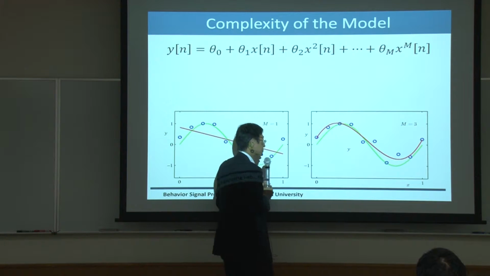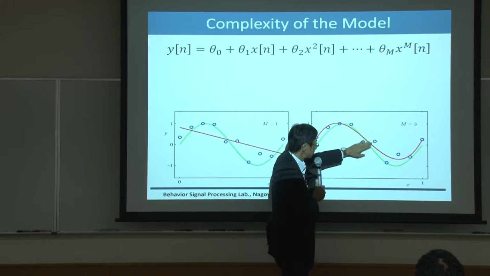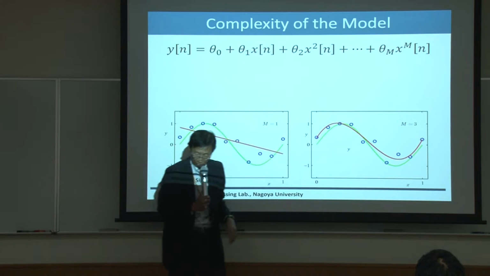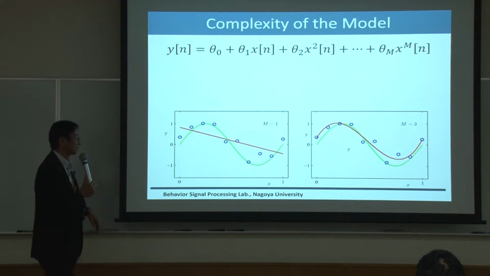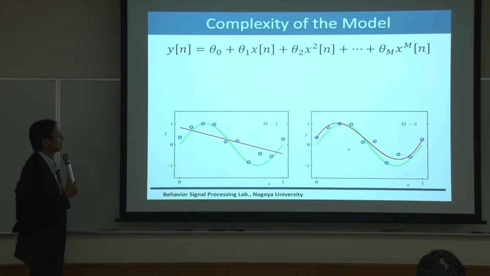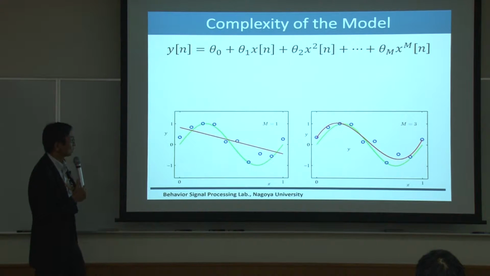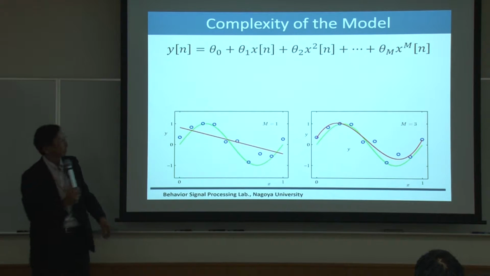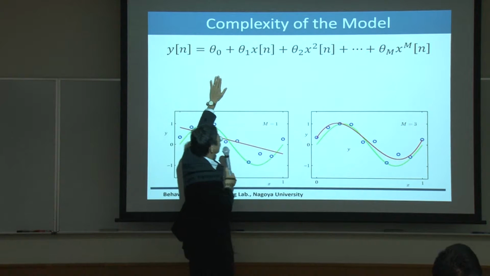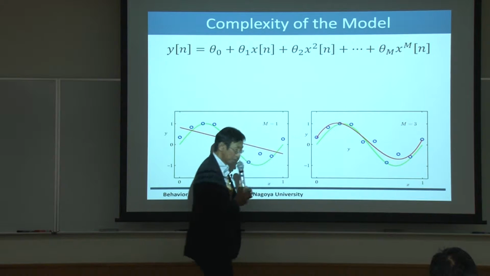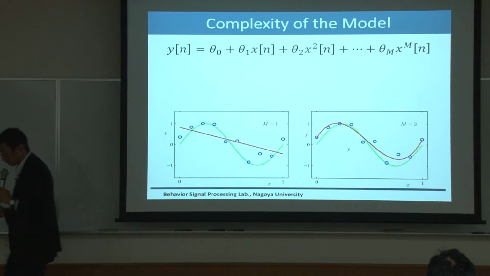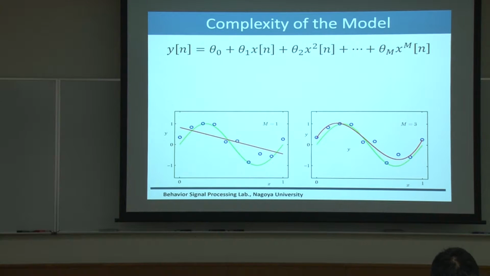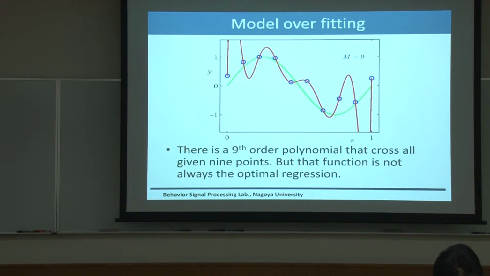Therefore, we cannot simply say that this is better because the model error is less than this. And that is a very important discussion. But anyway, we have the flexibility to express the model based on this linear model by using a different order of the polynomial.